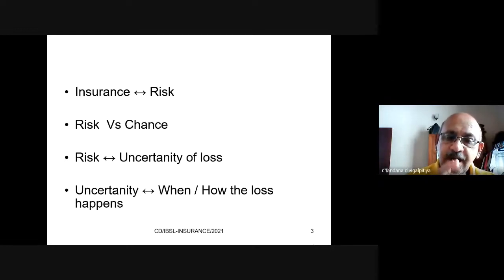Now, the word uncertainty has two things. You don't know when it's going to happen, how it's going to happen. Uncertainty has two elements: when and how. Right? In the third line, uncertainty of loss, put a dash, open a bracket.